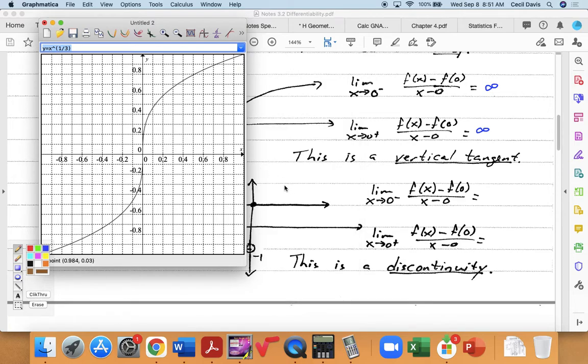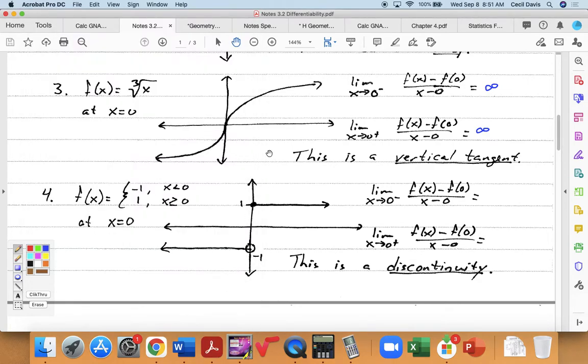So this is an example of a vertical tangent. It's got a vertical tangent line there.